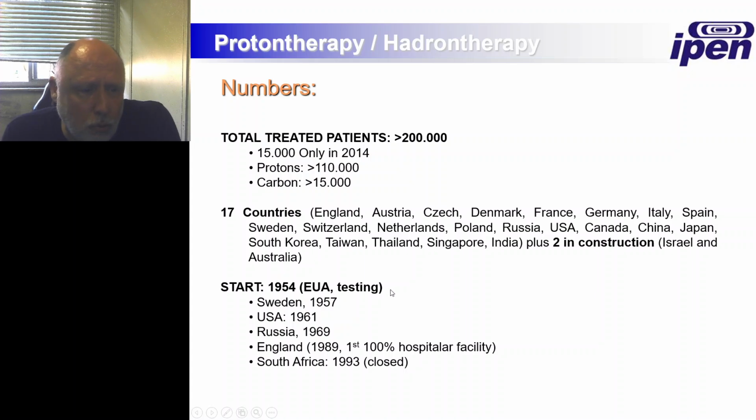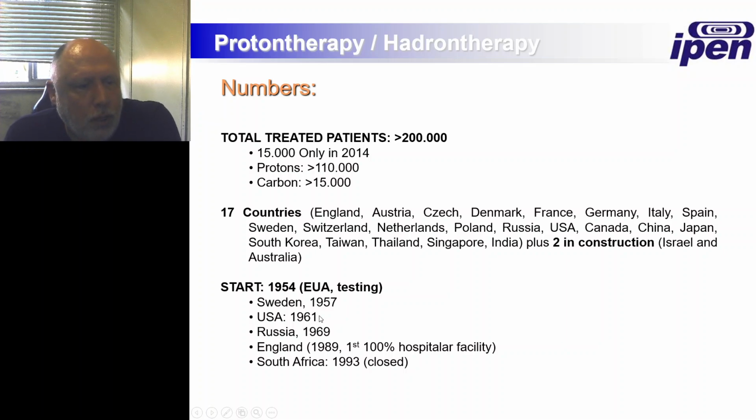The idea is not new. The physics is well known for many years. In 1954, they did some tests in the United States, but because of laws there, Sweden started before them the clinical treatment of patients in 1957.